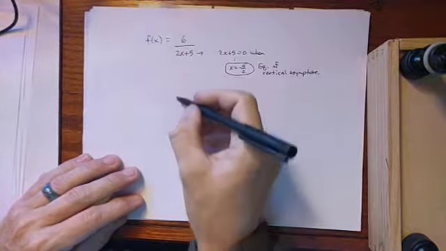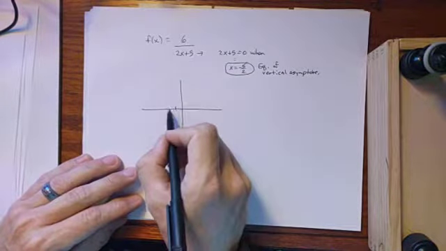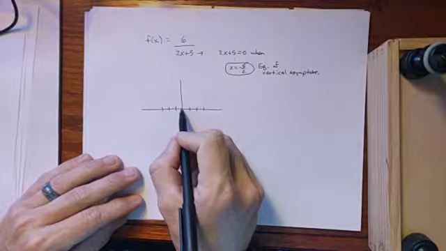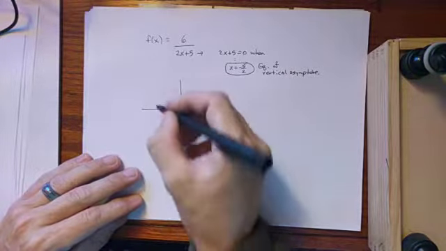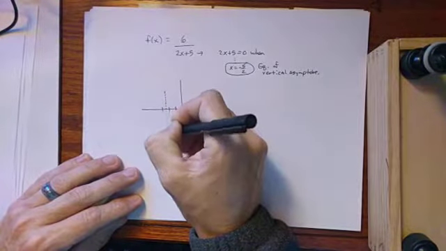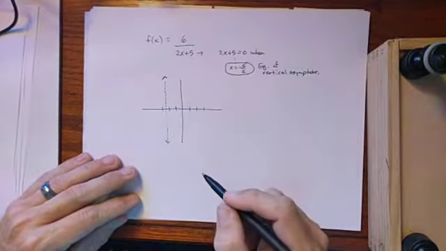Okay, so what happens in the graph is that at x equals -5/2, which is, let's see, there's 4/2, there's 6/2, so there's a boundary line here. I'm calling this like a dotted line, maybe like an invisible force field or something like that.